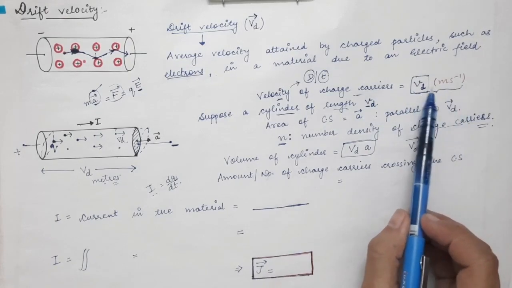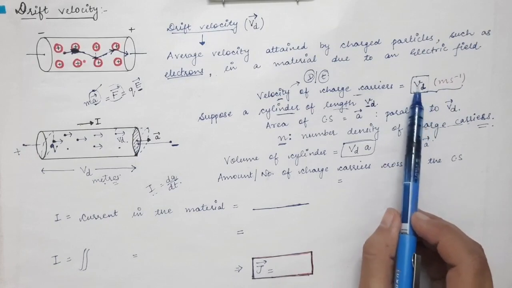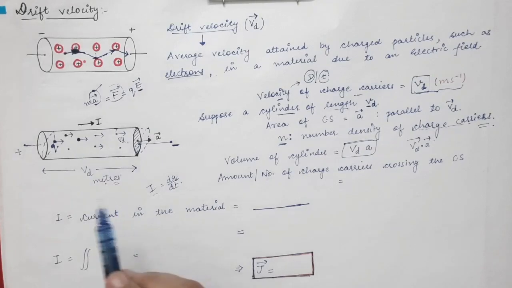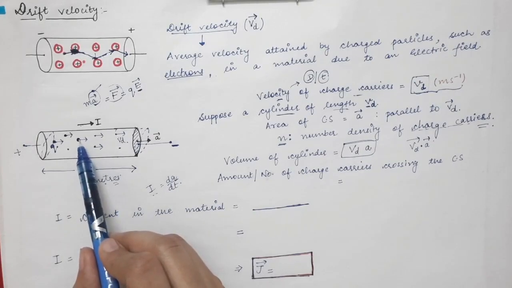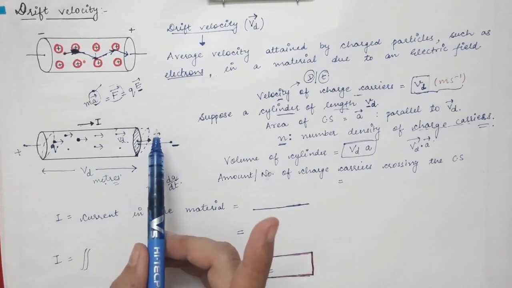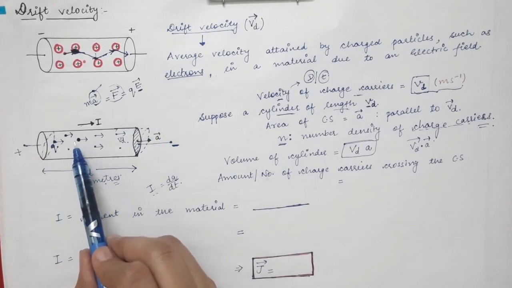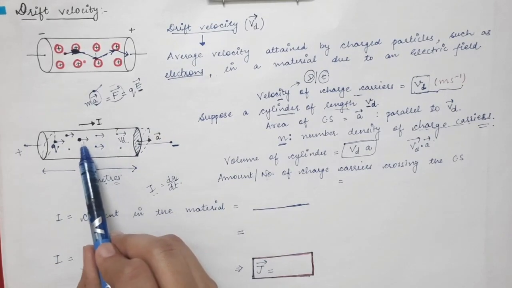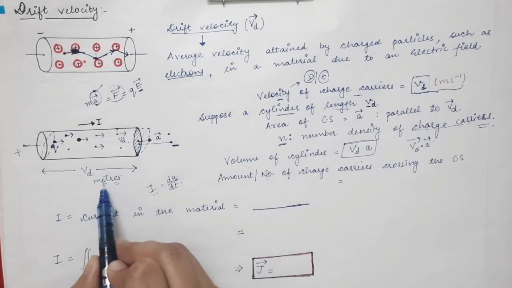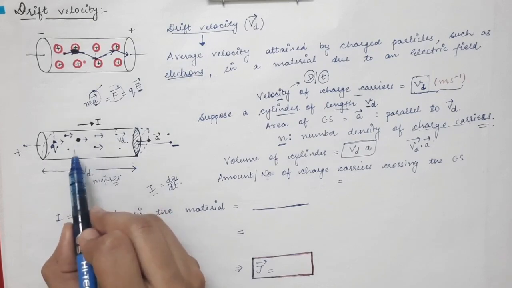So if I take this charge carrier, its velocity will also be equal to VD meters per second, and it will travel a distance of VD in 1 second. If this is the whole length equal to VD meters, this charge carrier will travel VD meters in 1 second.